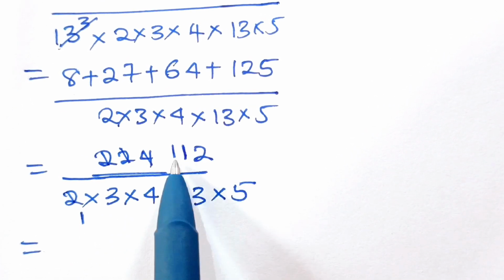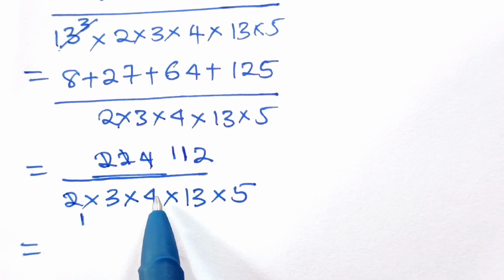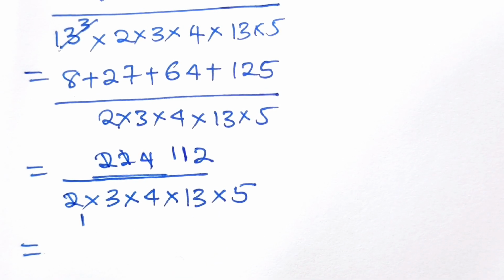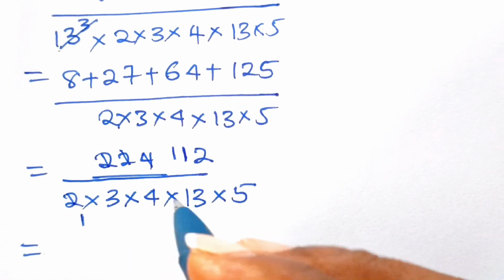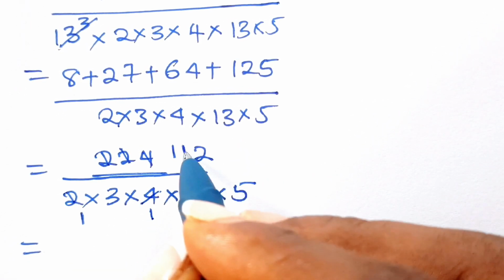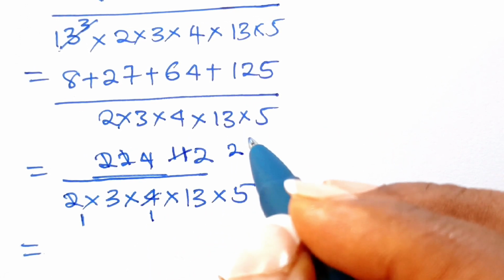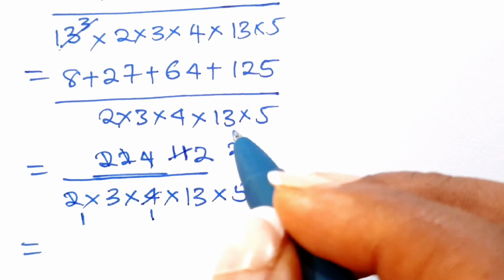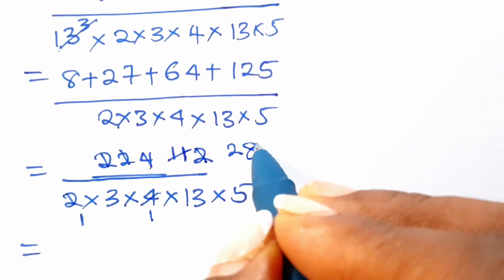Let's check 4. Now 1 plus 1 plus 2 is 4, and 4 is divisible by 4, so this can be divided by 4. Now let us try: 11 divided by 4 gives 2, remainder 3, so we have 32. 32 divided by 4 will give us 8.